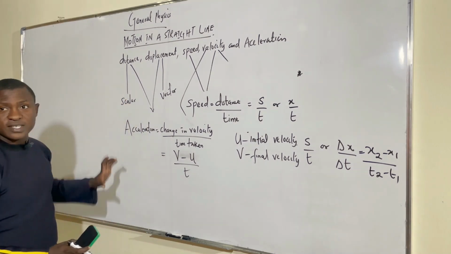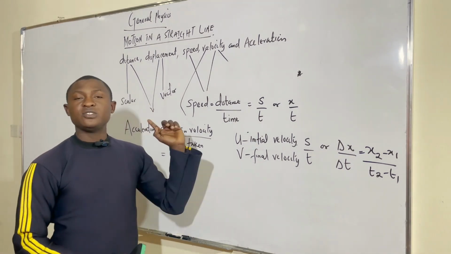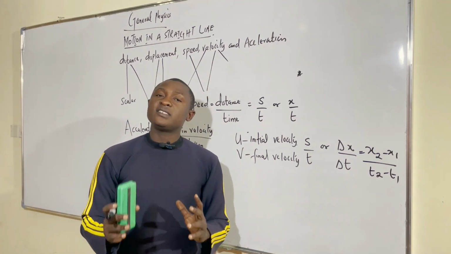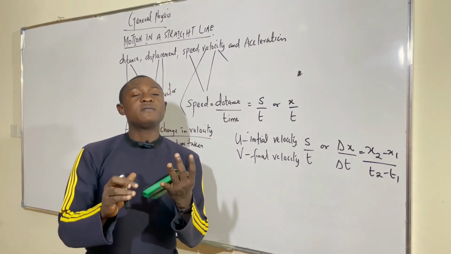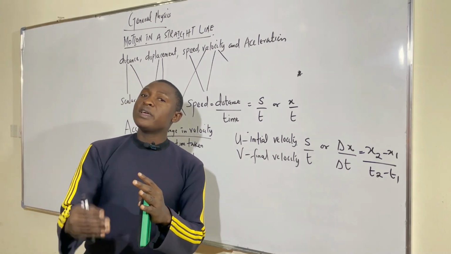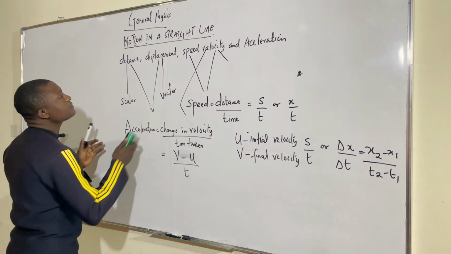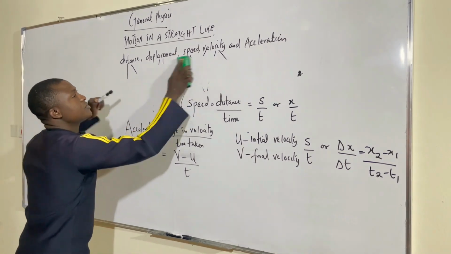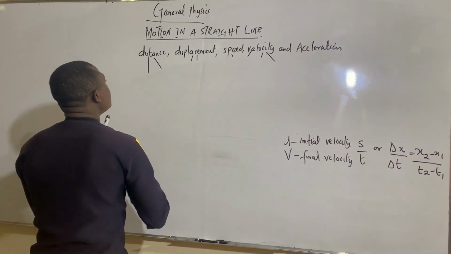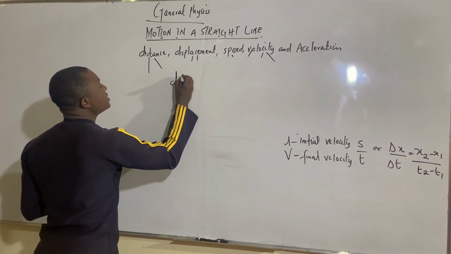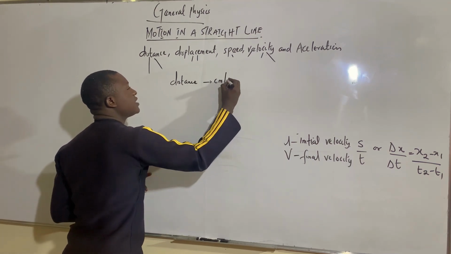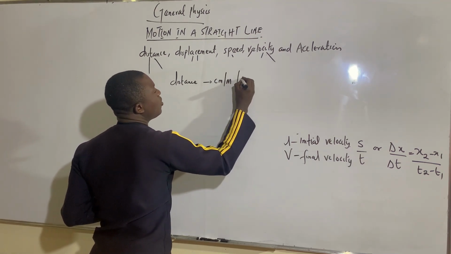When you are talking about distance, as I mentioned in that unit measurement and dimension analysis, distance has many units. It depends on the problem we are solving. For the distance, it can be measured in centimeter, in meter or kilometer.